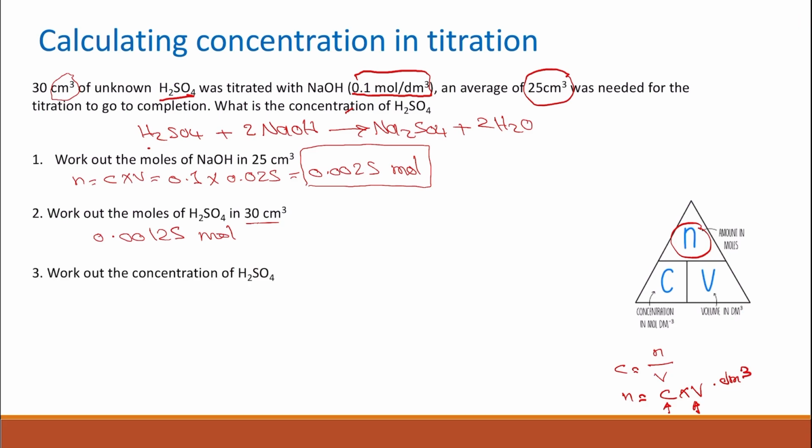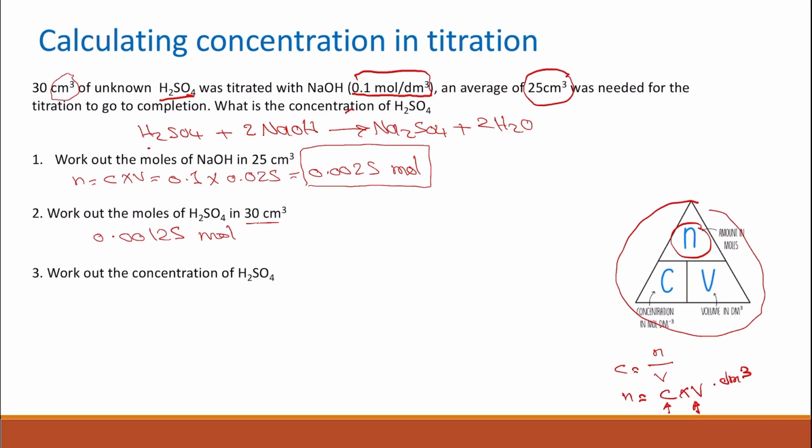The third step is to work out the concentration of sulfuric acid. To work out the concentration, we're going to use this equation, this triangle. So concentration will equal the number of moles divided by the volume.